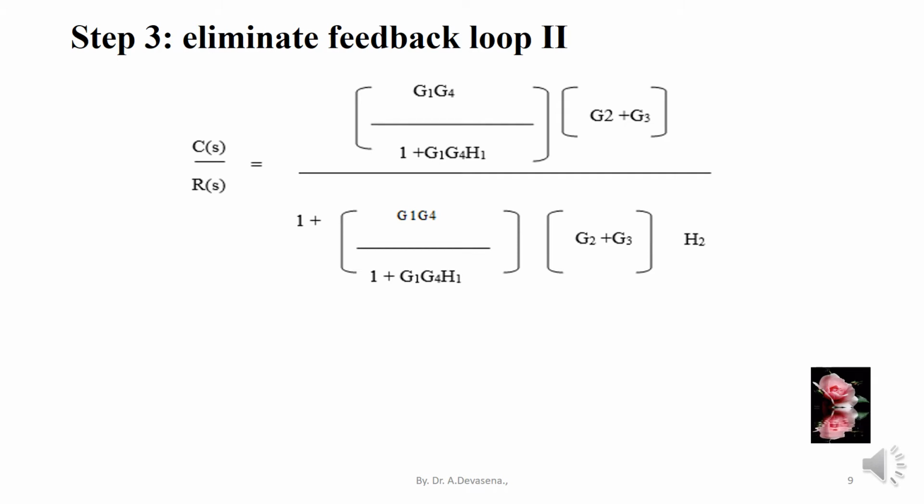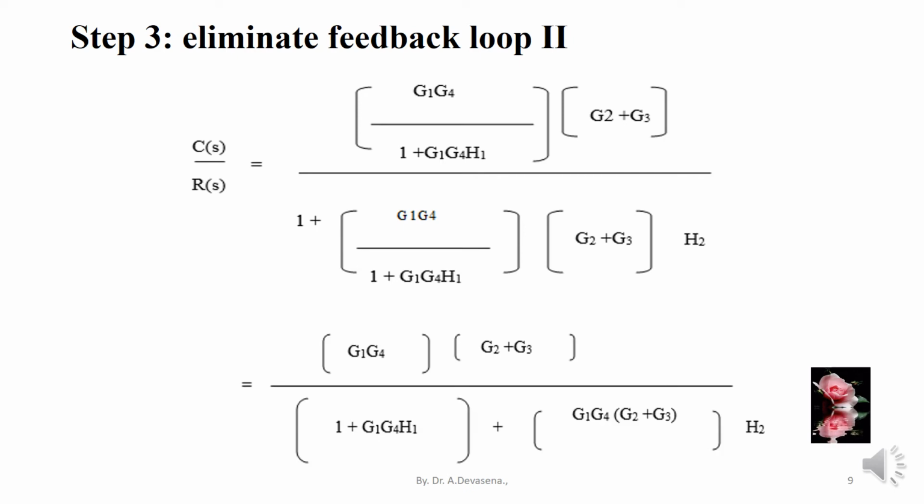After eliminating this term, we get C(s)/R(s) is equal to G1 G4 into (G2 plus G3), the whole divided by (1 plus G1 G4 H1) plus G1 G4 into (G2 plus G3) into H2. This is our value of C(s)/R(s) after eliminating feedback loop 2.